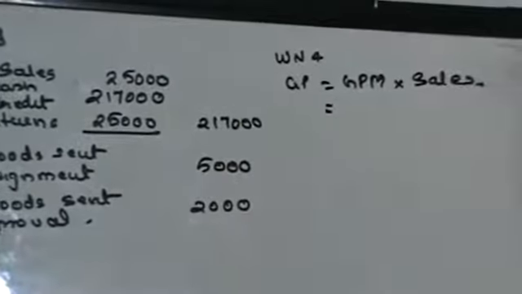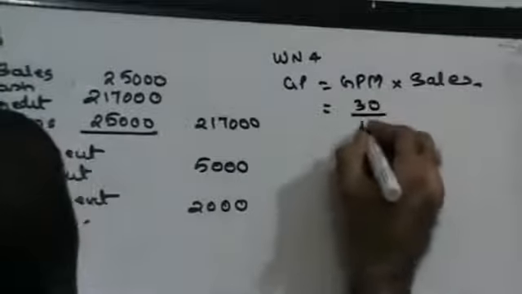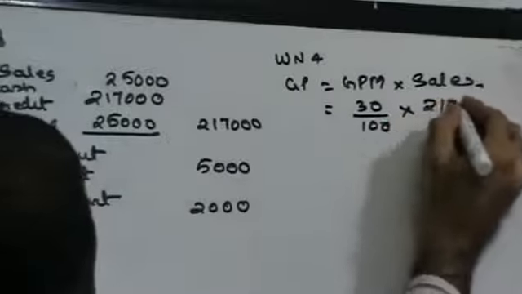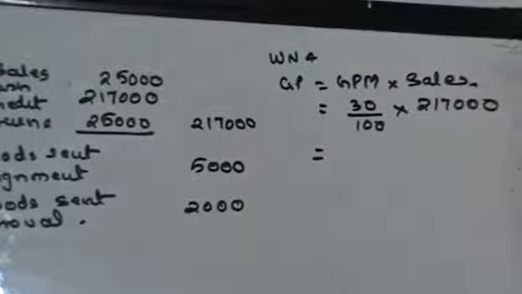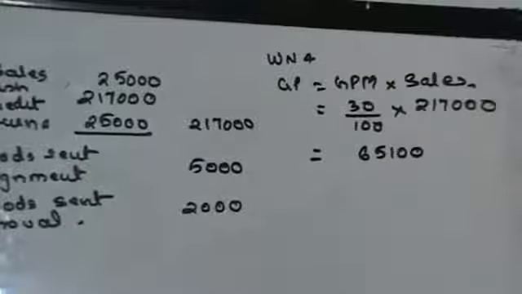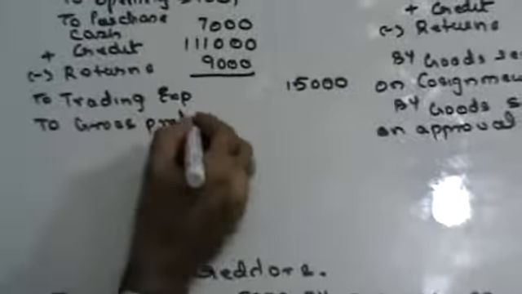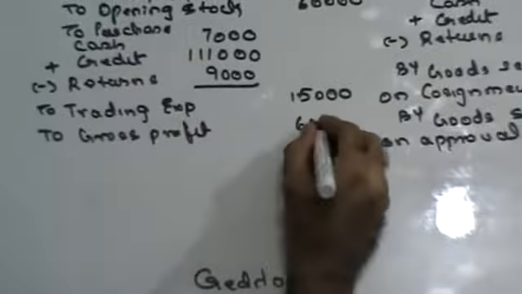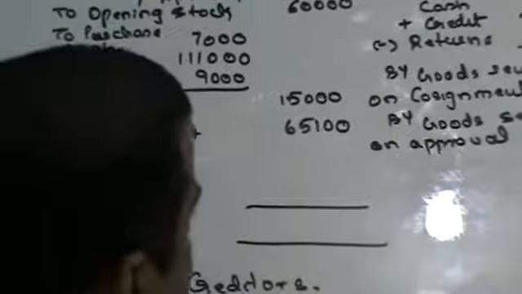Gross profit margin is given to you as 30%. So 30% of 2,17,000 will give you 65,100. So my gross profit is going to be 65,100. Once you have this, you can tally your trading account.